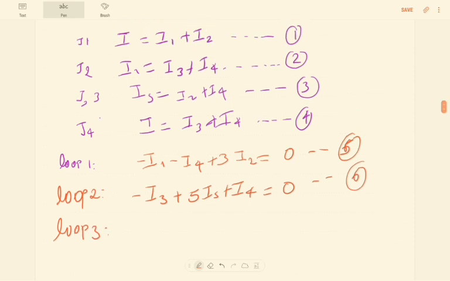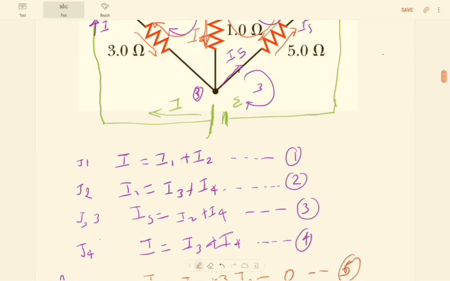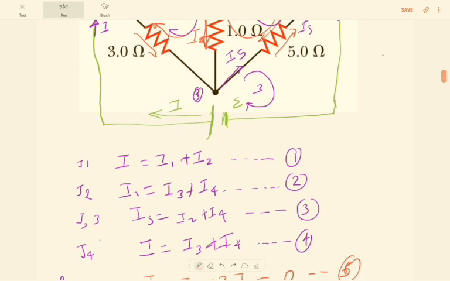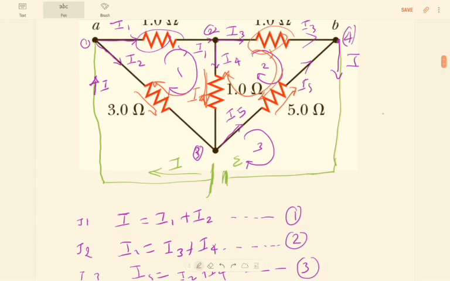So on loop 3, applying the same thing, what do we get? Loop 3 is this loop. So don't forget, here it is not only one branch but the loop going all the way around. Let's apply the voltage law. Now here, if we take the loop direction as clockwise, the direction of the loop and the direction of the current through the 3 ohm resistor are in the same direction, so we will have a negative potential drop.